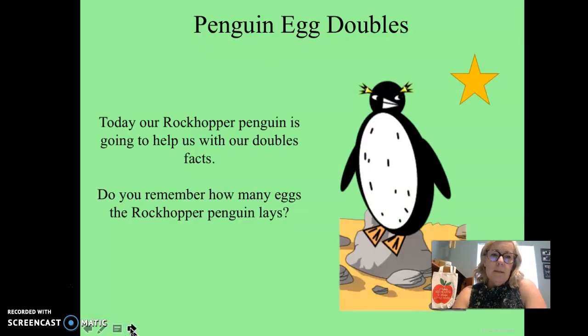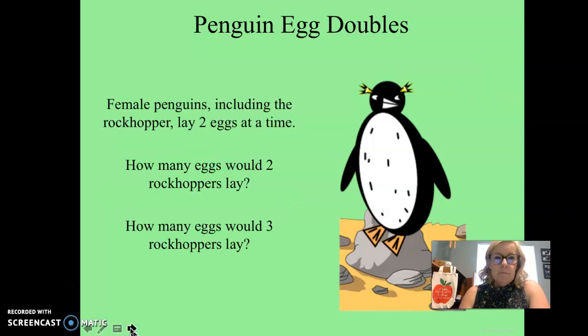Penguin Egg Doubles. Today our rockhopper penguin is going to help us with our doubles facts. Do you remember how many eggs the rockhopper penguin lays? Female penguins, including the rockhopper, lay 2 eggs at a time.